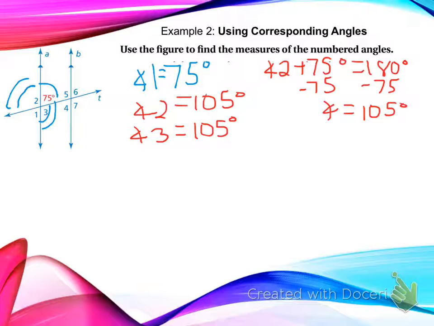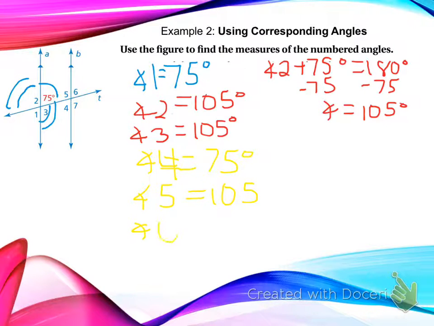Well, we can find this out by using corresponding angles. If you notice here, angle 4 corresponds with angle 1. So that means it's 75 degrees. Angle 5 corresponds with angle 2, so it's 105 degrees.